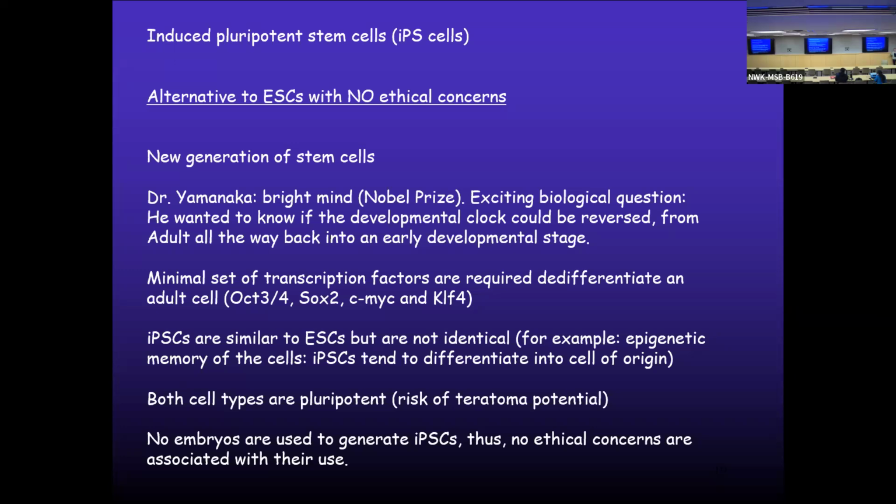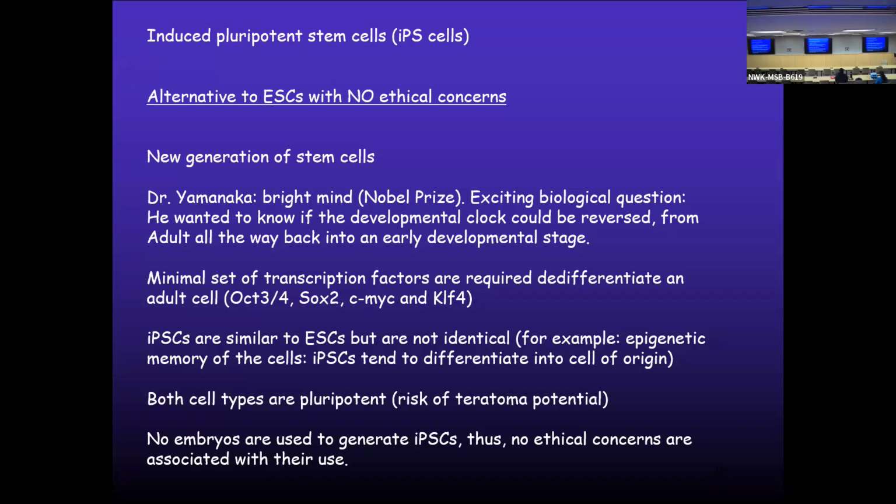However, they are not identical, they are similar. For example, if you make iPSCs starting out of cardiac myocytes, those iPSCs will have a memory, an epigenetic memory, and would be comfortable going back into a cardiac myocyte stage.